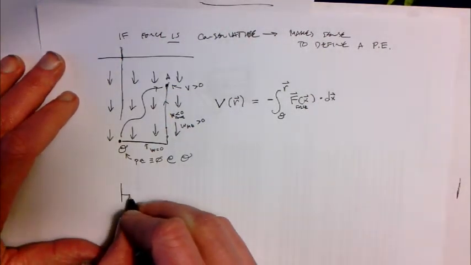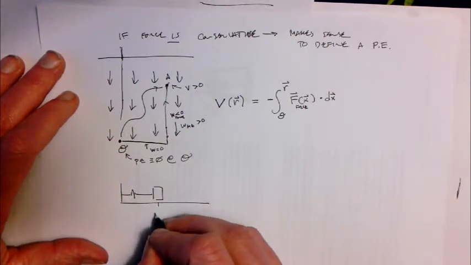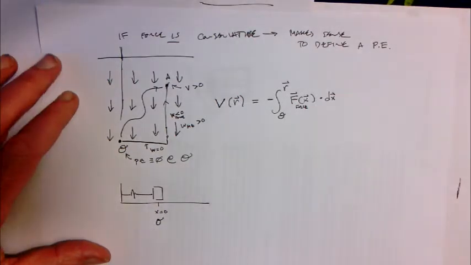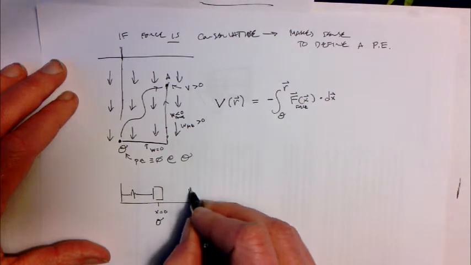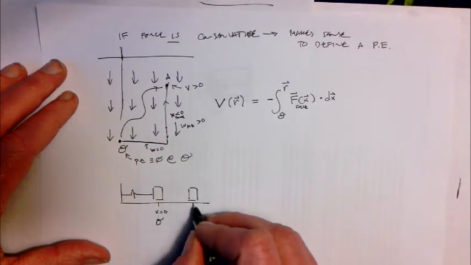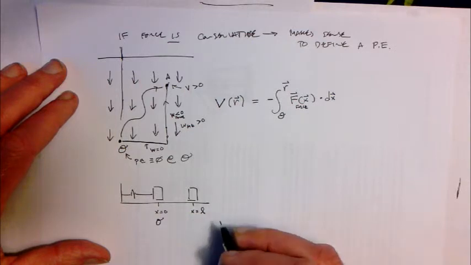Let's imagine I have a mass that's on a spring. I'm going to define the point x equals 0, where the spring is relaxed, to be my origin point, and I'm going to ask the question, how much potential energy is stored in the spring if I stretch the spring from x equals 0 to x equals L?